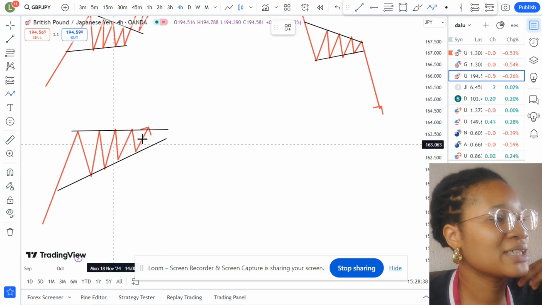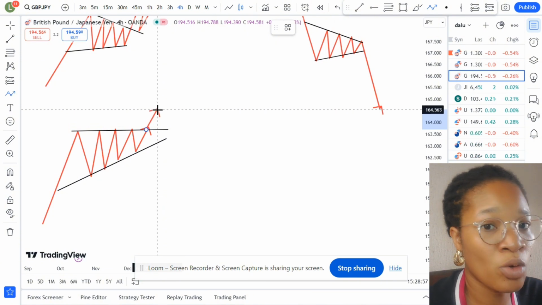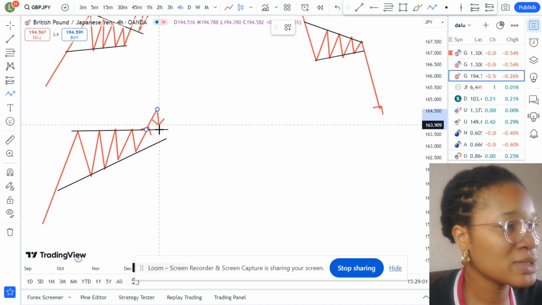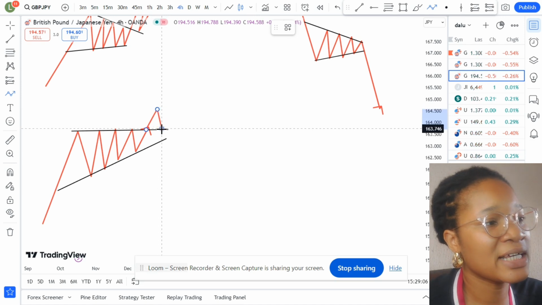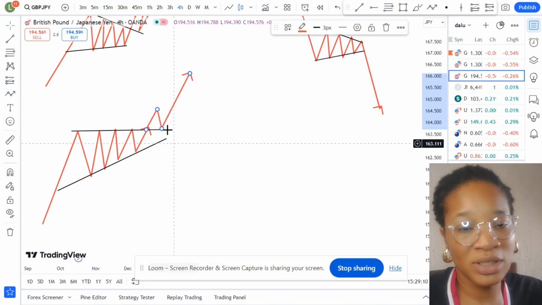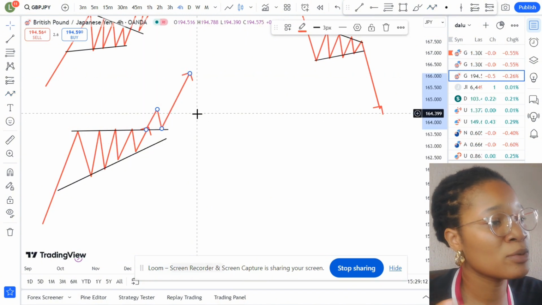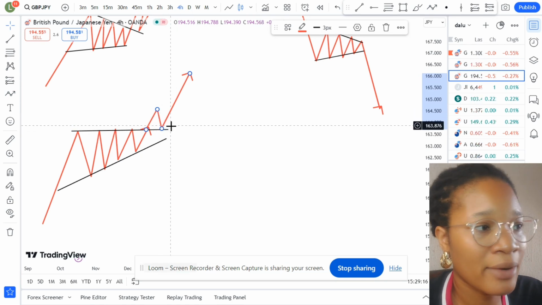So what I'm anticipating is that price takes out this horizontal resistance, comes back, uses that old resistance as a support, and then I want to continue the buy movement. Of course, with my confluences, I'll be looking for a buy opportunity somewhere on this horizontal line, right?